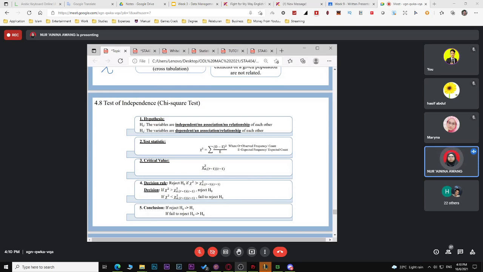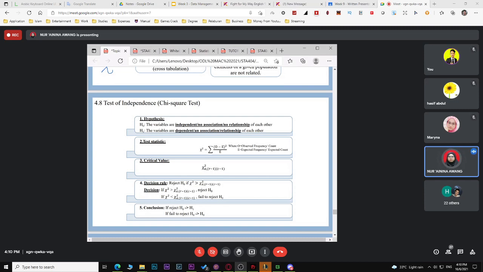If the question asks about association, you use the correct sentence, according to the question, whether it asks about independence, relationship or no association. Okay, so that is for the first step.